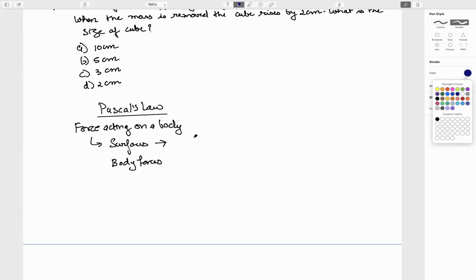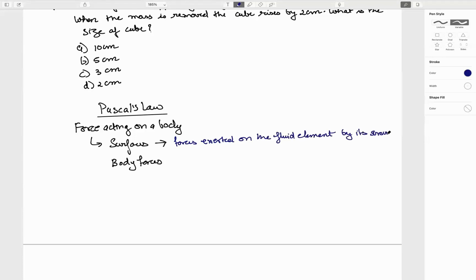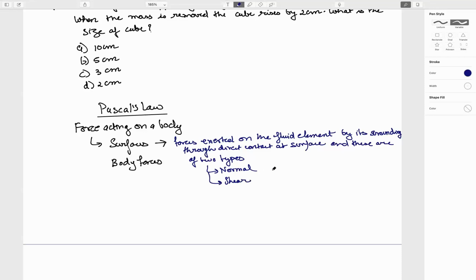Surface forces are the forces exerted on the fluid element by its surrounding through direct contact at the surface. And these are of two types. First one is normal, second one is shear. So normal is acting normal to the surface, shear is acting tangential to the surface. That we have discussed in the lectures on mechanical properties of solids.